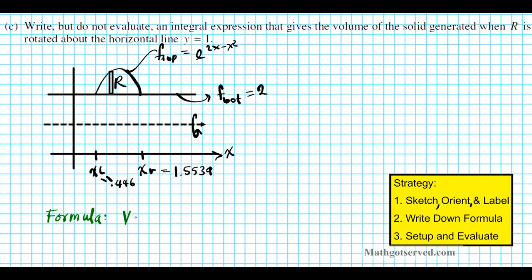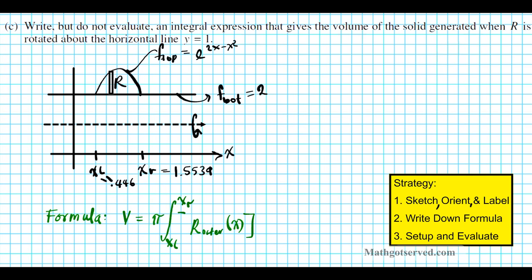Our volume V is going to be pi times the integral from x left to x right of the outer radius squared, so our outer as a function of x squared.